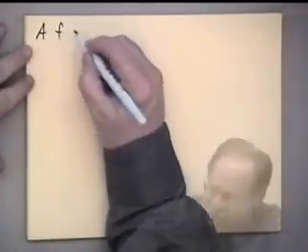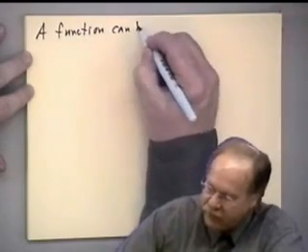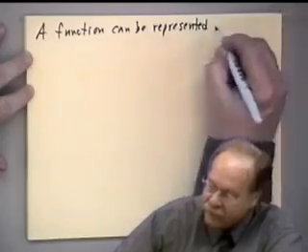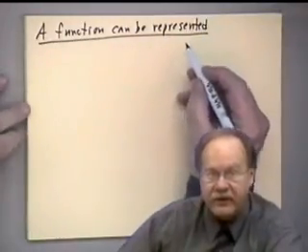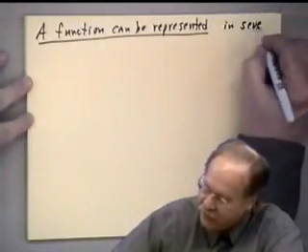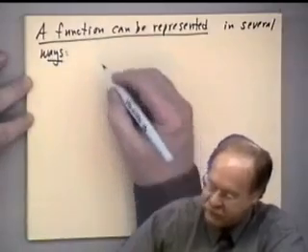Now functions can be given to you in several different ways. A function can be represented, and represented can mean described or visualized in several different forms. And here are some of them that you'll see often in practice.